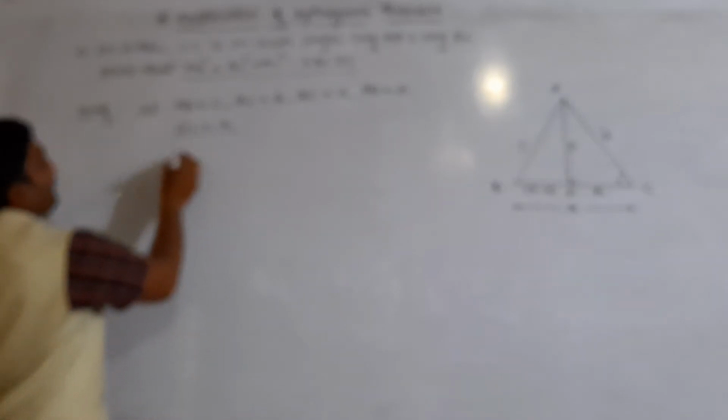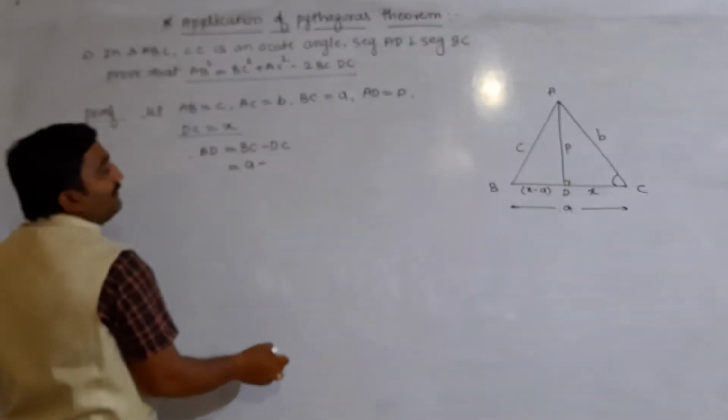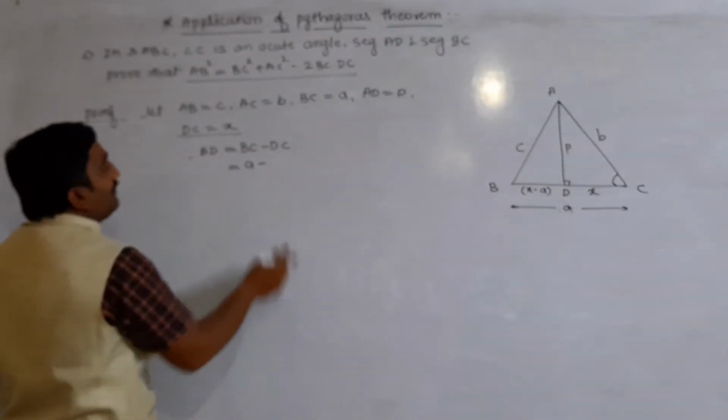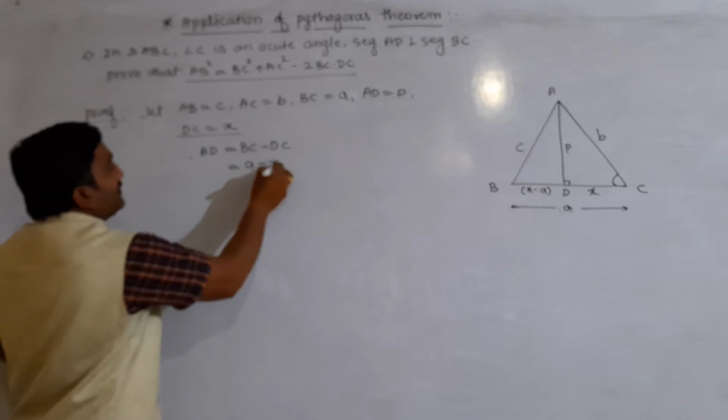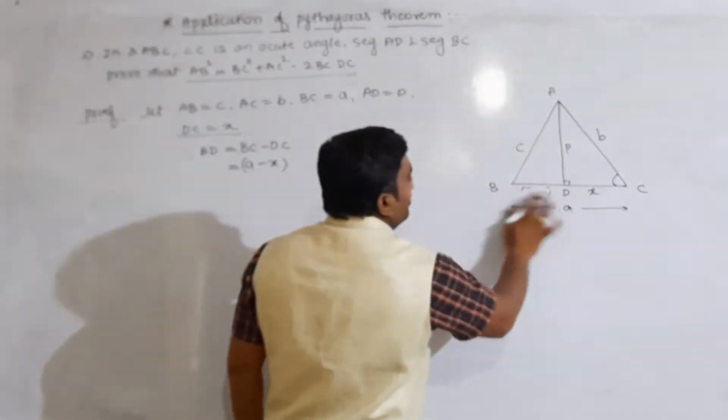When DC is equal to x, therefore BD is equal to BC minus DC. So BC is a and DC is x. So BD is equal to a minus x.